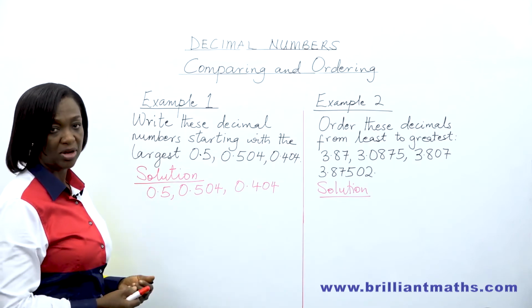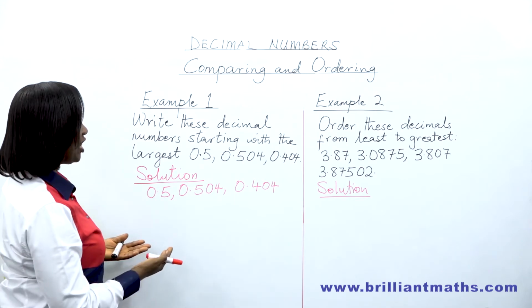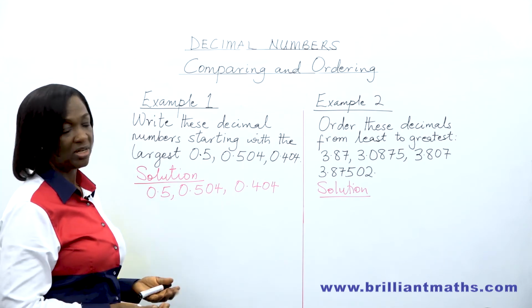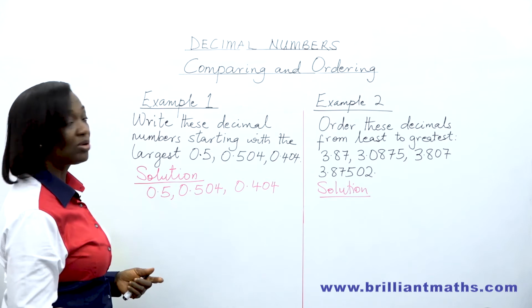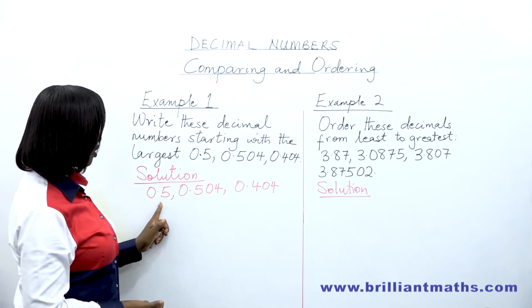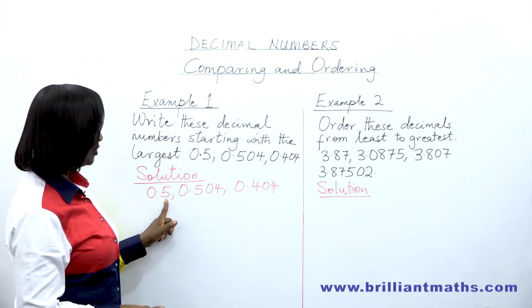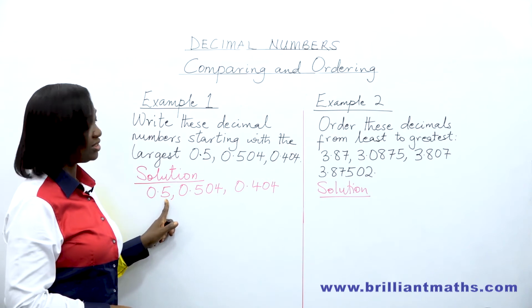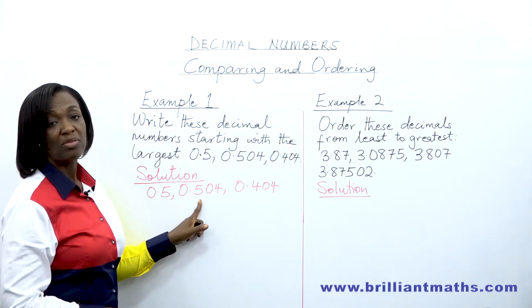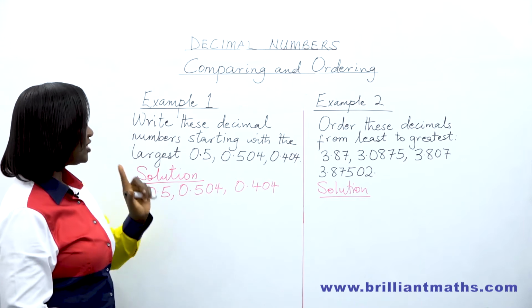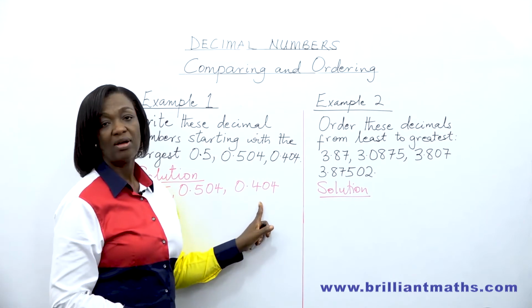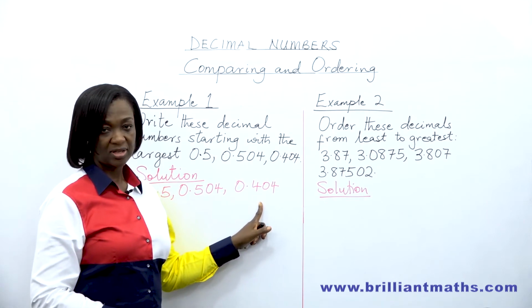All of them start with a 0, so we can't tell by just the first digit which is the largest. Let's look at the second digit. The second digit here is 5/10. The second digit in the second number is 5/10. But the second digit in the third number is 4/10.